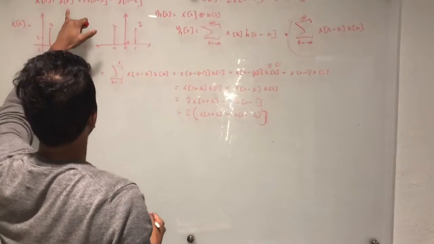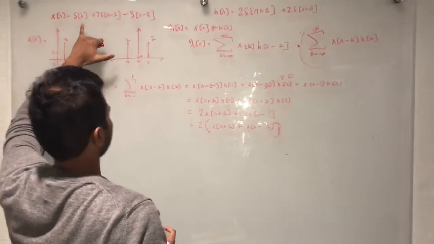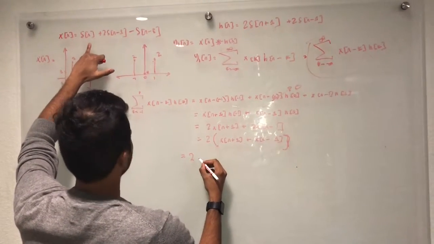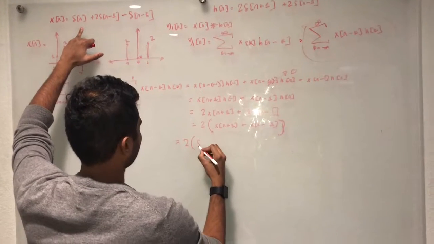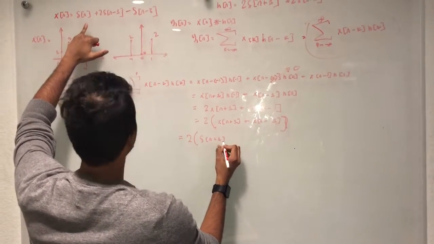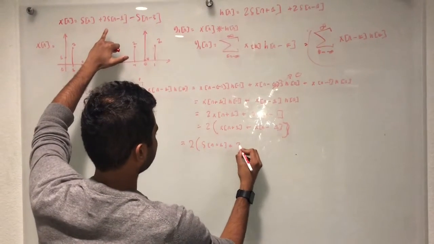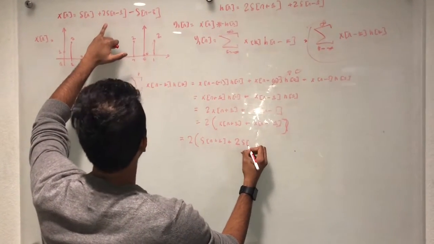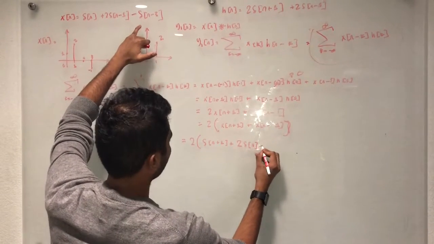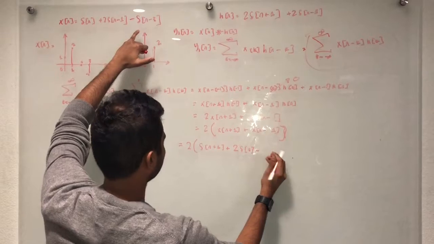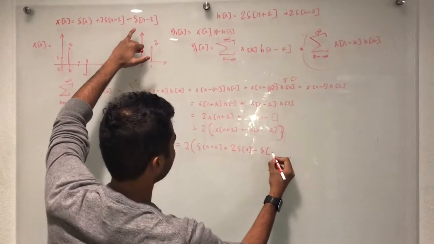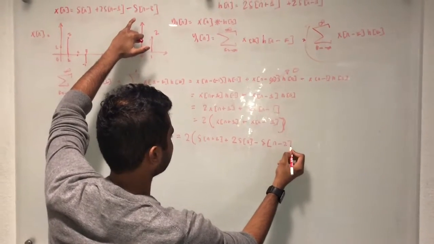Now let's examine our x of n signals. We can expand this even more. We can further expand this to n plus 1, 2 times del n minus del n minus 2.